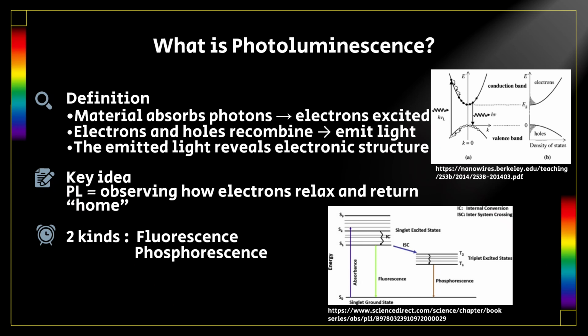Phosphorescence is a delayed emission that occurs when an excited electron slowly returns from a triplet state to the ground state due to spin-forbidden transitions. Our report is mainly focused on fluorescence.